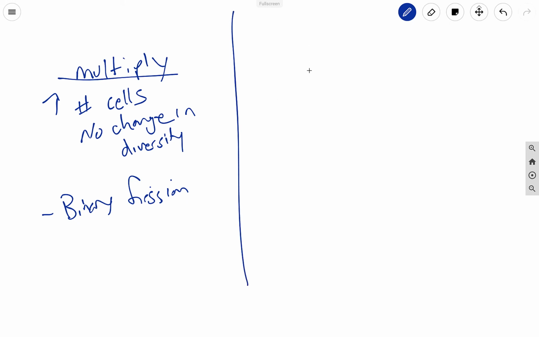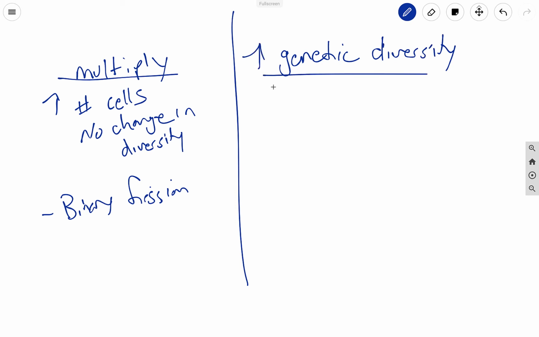The other advantage to sex is increasing the genetic diversity of the next generation. That's not going to happen during binary fission. So we need to increase genetic diversity in some way. This does not increase the number of cells. So the number of cells does not change.